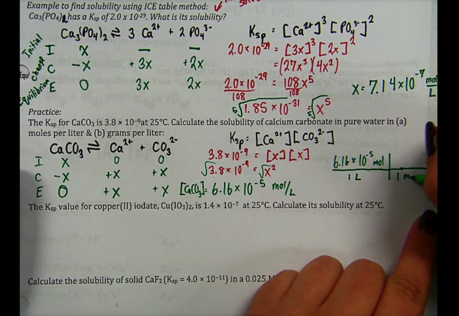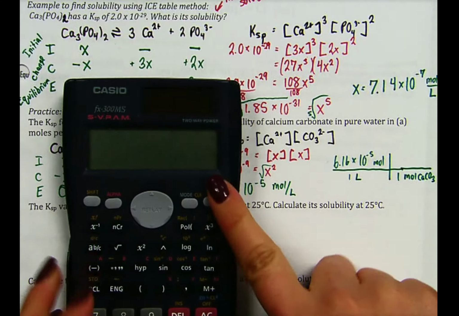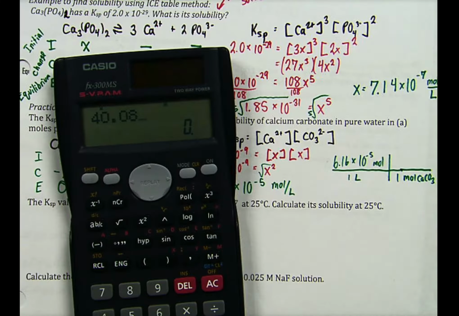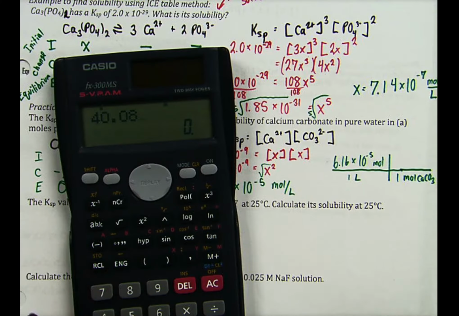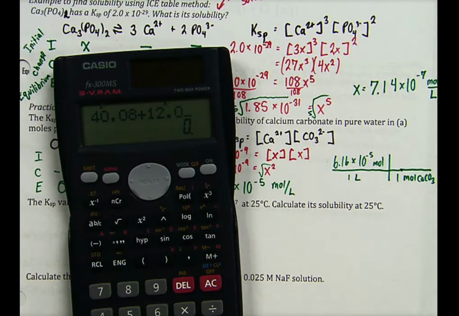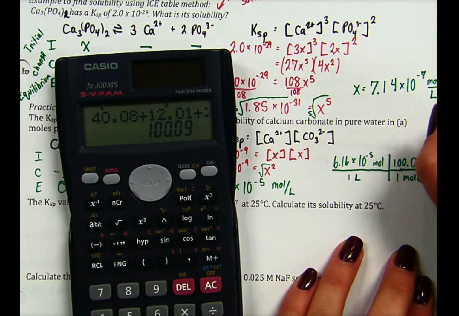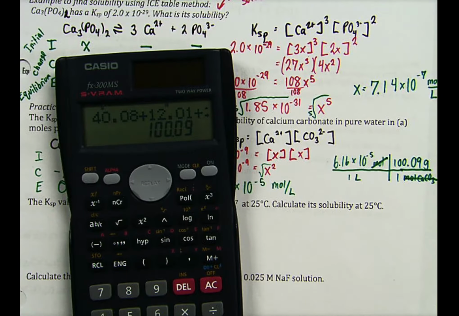We know that 1 mole of calcium carbonate has a mass of, let's see, calcium is 40.08. Double check on my periodic table here. Yep, calcium 40.08 plus carbon 12.01 plus 16 times 3, because we have 3 oxygens, 100.09. So the moles cancel out.